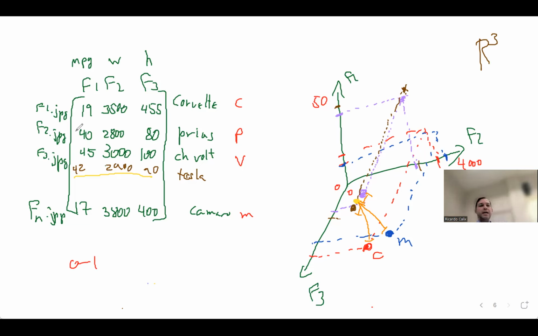So if you had then, just an example of this, a Corvette, I'm just going to say that all cars that, Corvette looks like that. A Prius is more boxy. A Chevy Volt is more boxy. And the Camaro also, like a sports car like that, right? They're all on the side, basically. They all have 4 wheels.